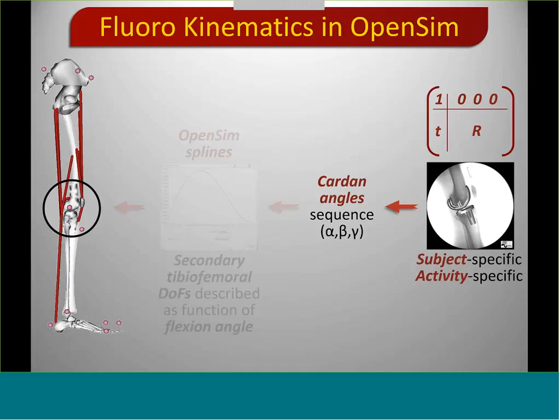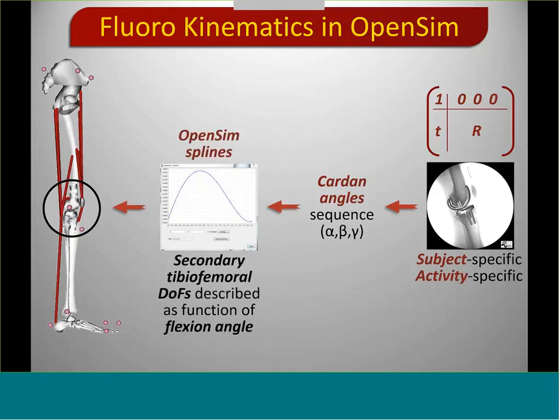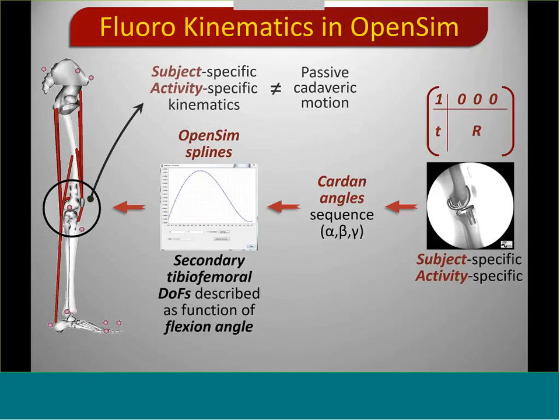And these functions of the knee flexion angle can be easily defined in OpenSim as OpenSim splines, and they can be prescribed into the joint model of the musculoskeletal model. And this process allowed us to implement, again, the subject and activity-specific kinematics to replace the average passive cadaveric motion.